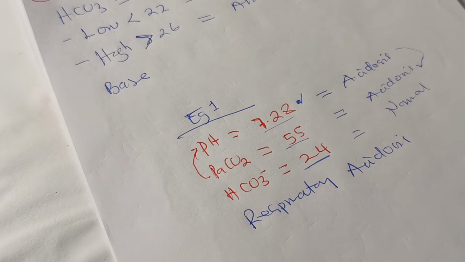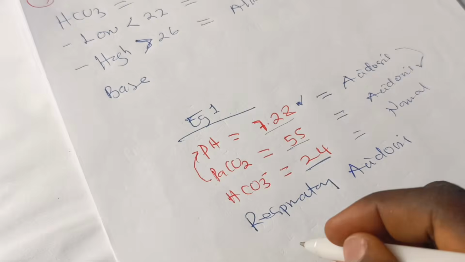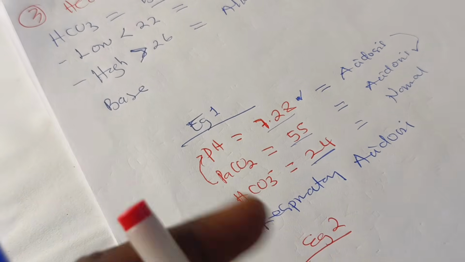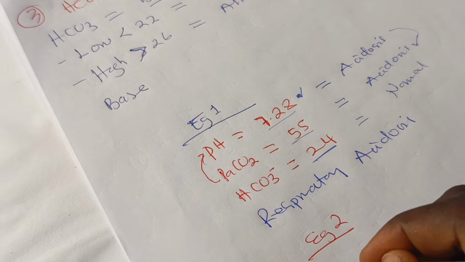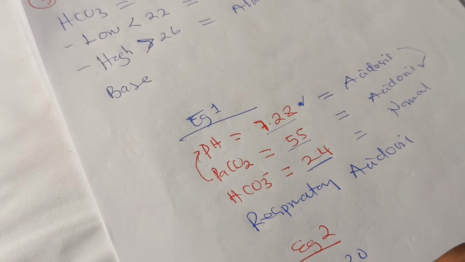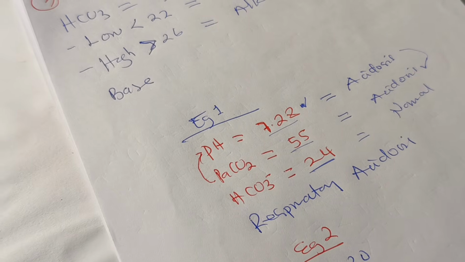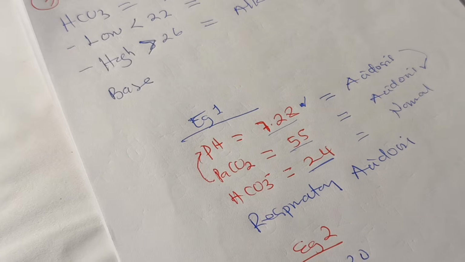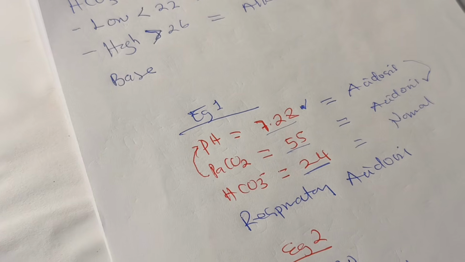Congratulations. Let's see example 2. Okay, so let's say that the pH is 7.30, partial pressure of carbon dioxide is 40, and bicarbonate is 18 milliequivalents per liter.